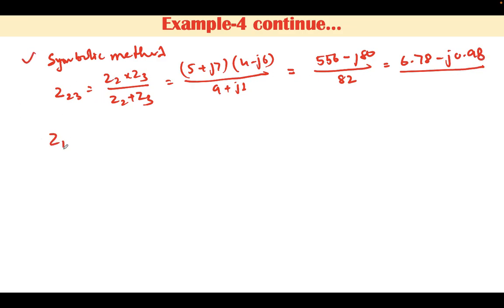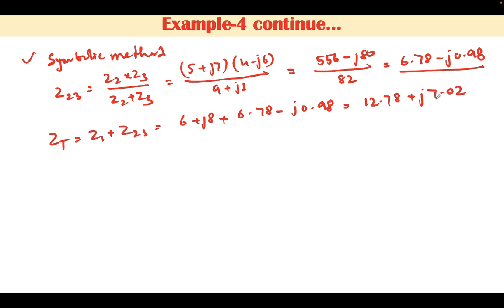Then again Z total will be equal to Z1 plus Z23. Z1 is 6 plus j8, then Z23 is 6.78 minus j0.98, which is equal to again 12.78 plus j7.02 ohm.